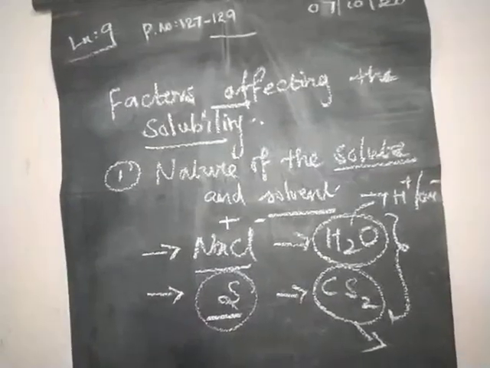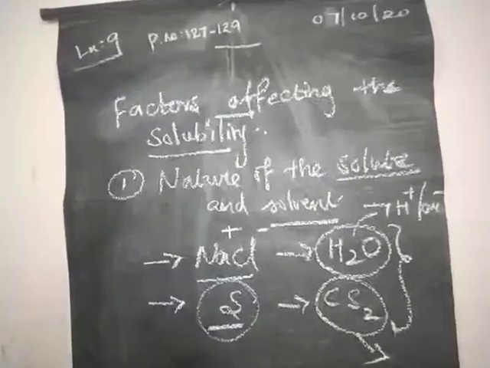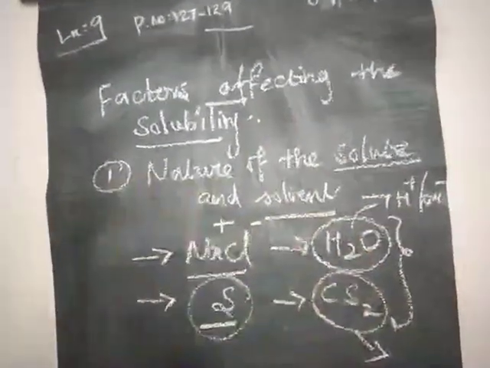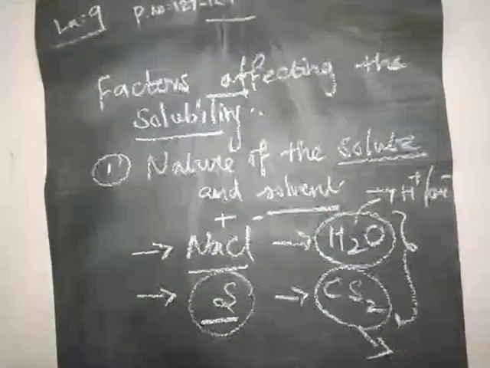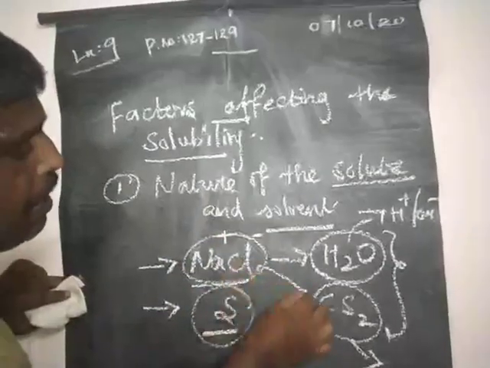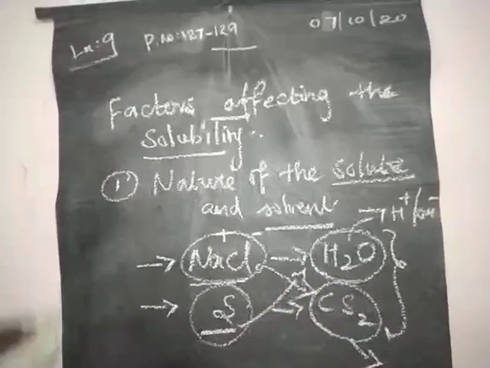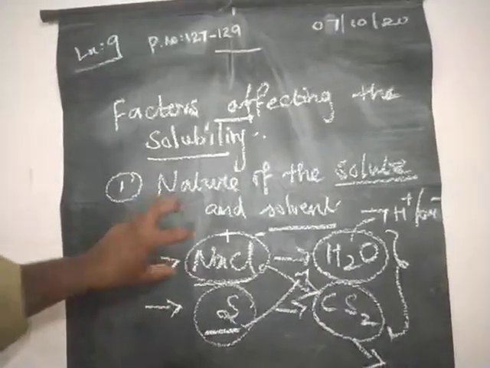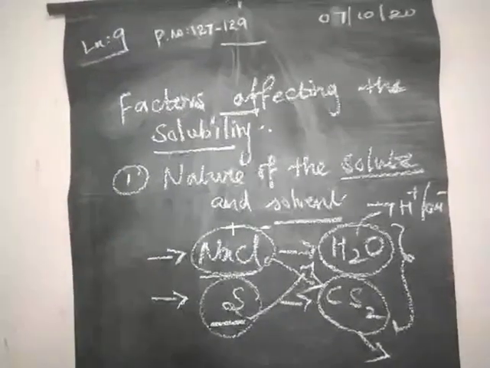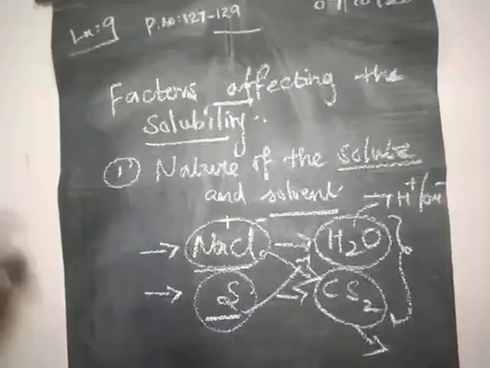In our textbook one phrase is given: like dissolves like. Sodium chloride cannot be dissolved in carbon disulfide, and sulfur cannot be dissolved in water. So the nature of the solute and the solvent is important. We have to select the appropriate solvent for the solute, otherwise we cannot get the solution.